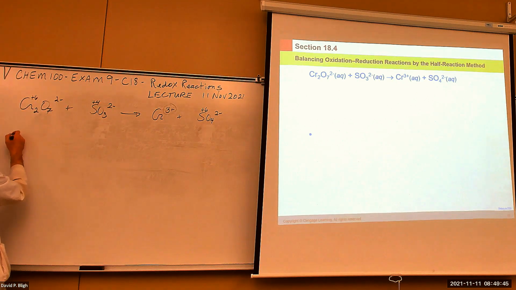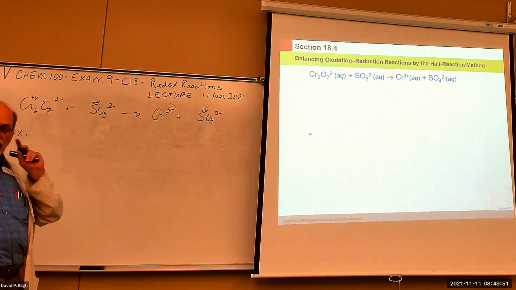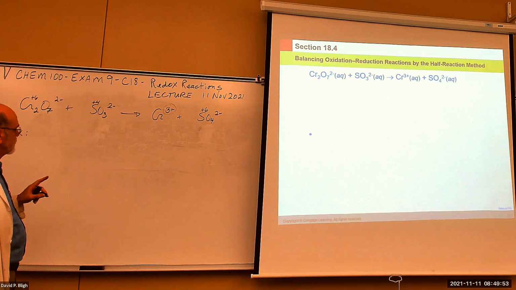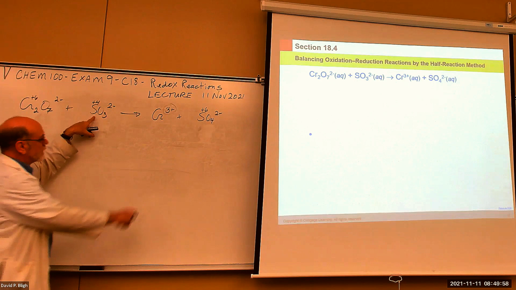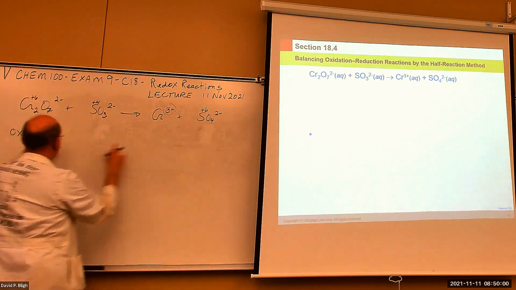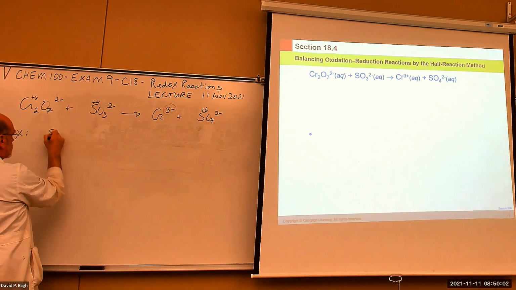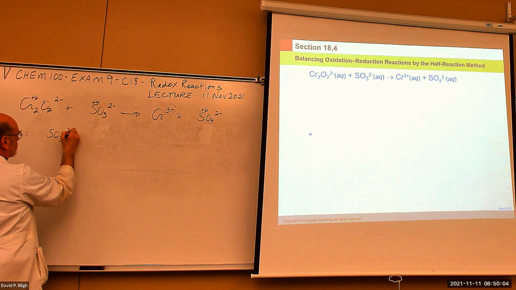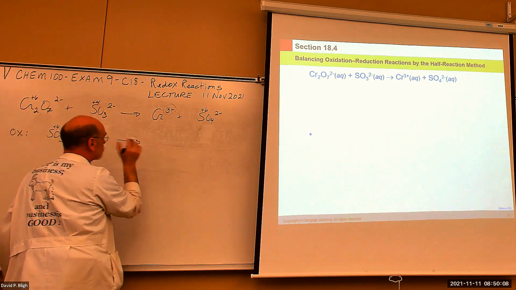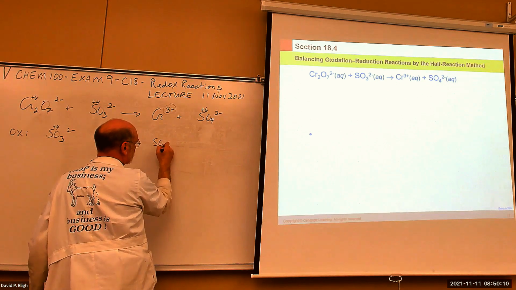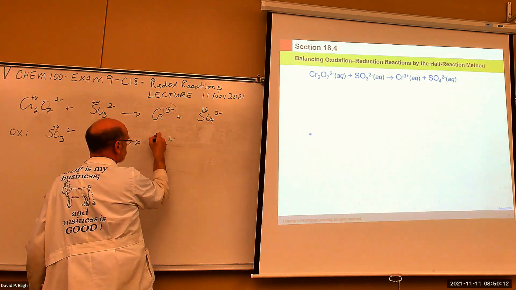Now, oxidation half reaction. Which one was oxidized? Which one lost electrons, became more positive? Sulfur. So the oxidation half reaction puts sulfite with a plus 4 here and yields sulfate with a plus 6.